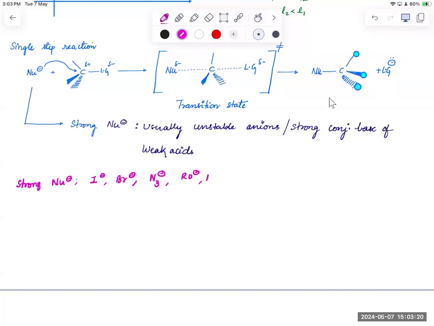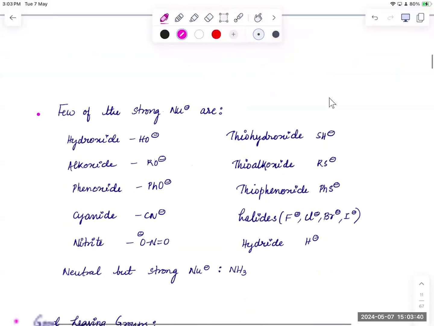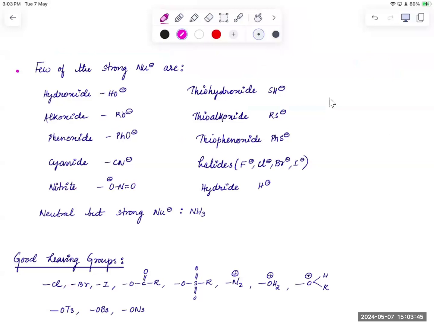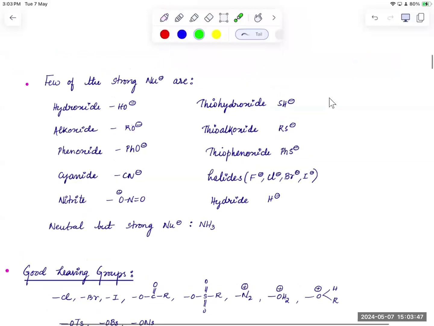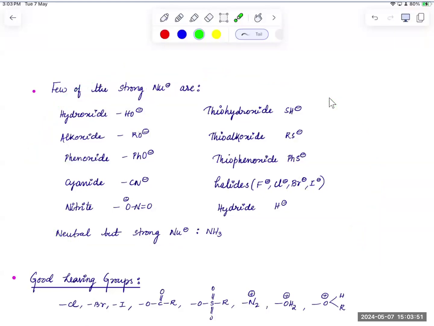RO minus, HO minus, PhO minus, RCOO minus. These are all strong nucleophiles. So I've added the cases here. You can see these are all the strong nucleophiles we can notice.